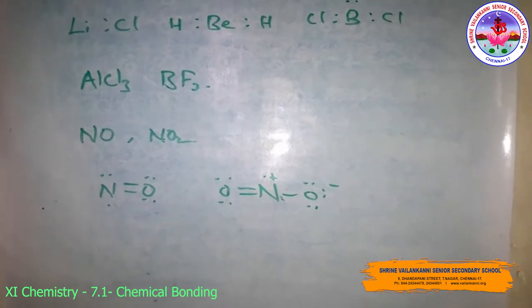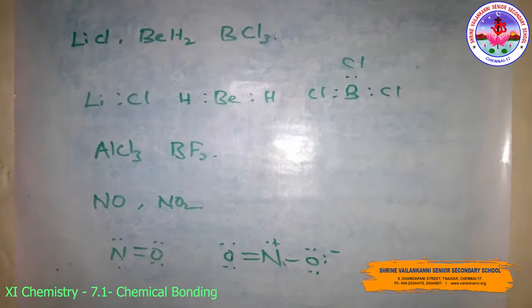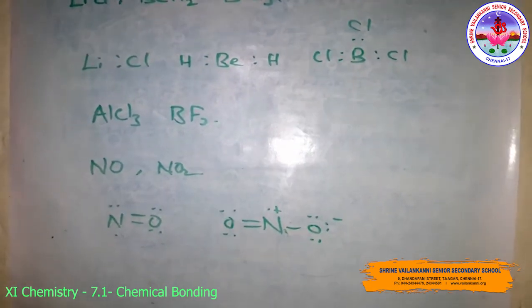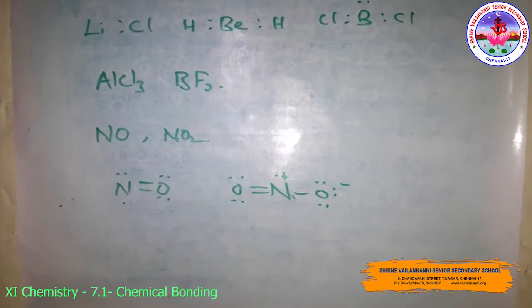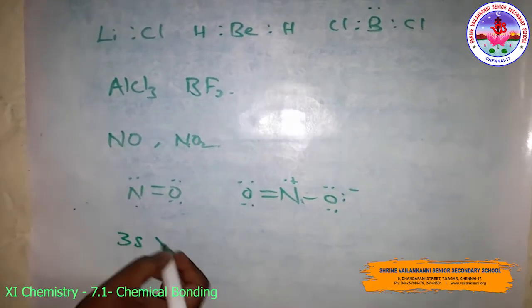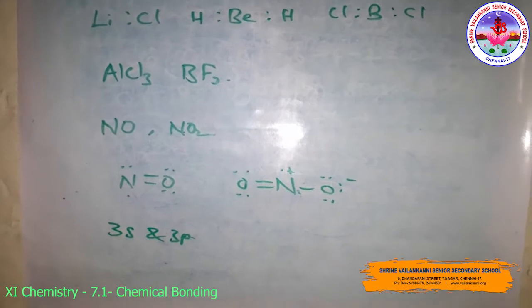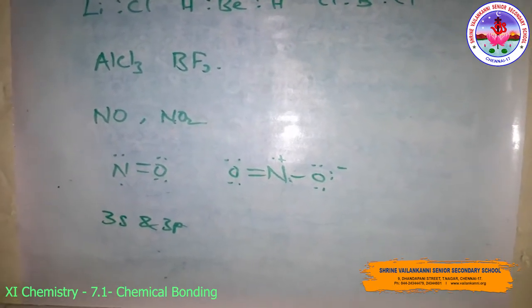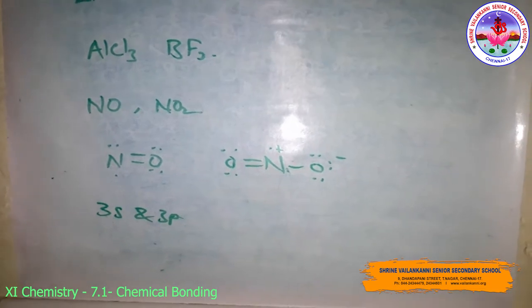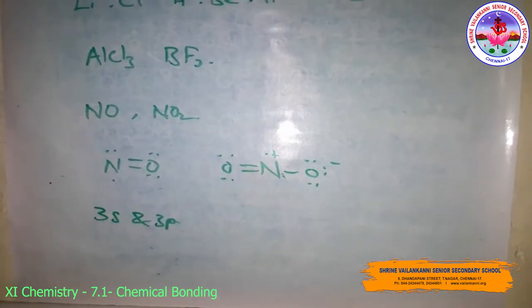Third is expanded octet. Elements in and beyond the third period of the periodic table have, apart from 3s and 3p orbitals, the 3d orbitals also available for bonding. So in a number of compounds of these elements, there are more than 8 valence electrons around the central atom.